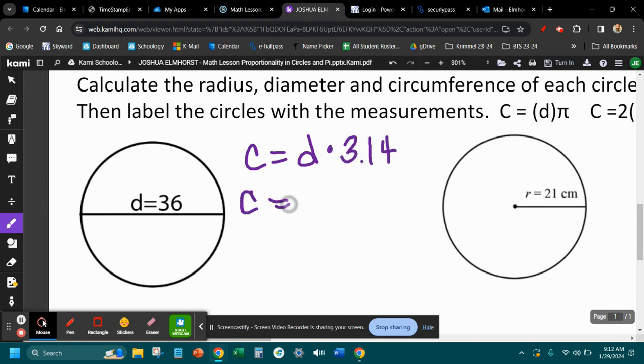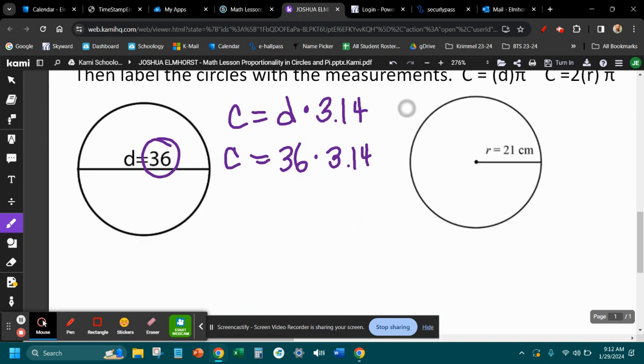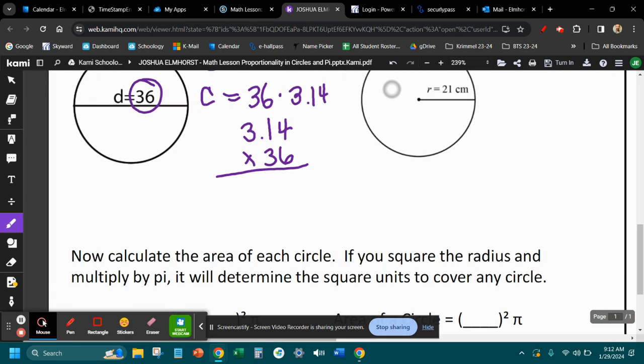And the circumference is going to be equal to, the diameter is 36 times 3.14. Now we go ahead and set that up, multiply it out, and that answer is going to give you the distance around the circle with the diameter of 36 inches, feet, meters.